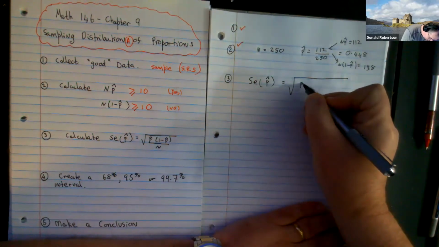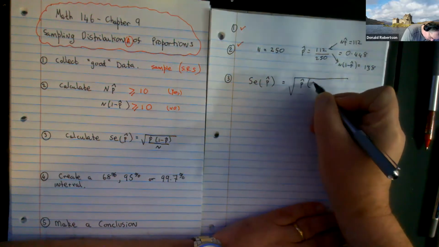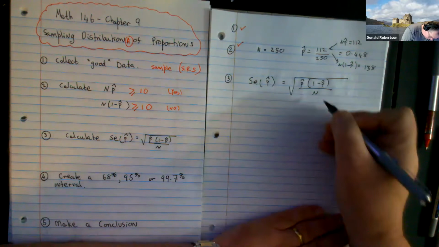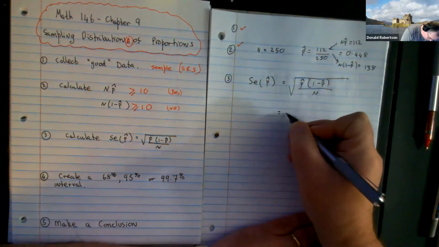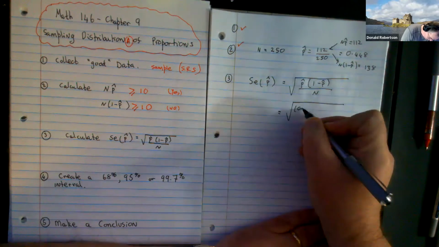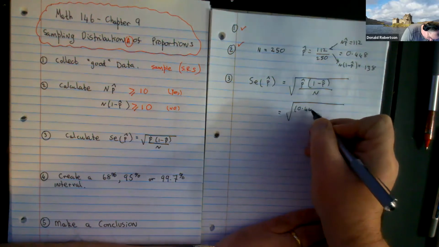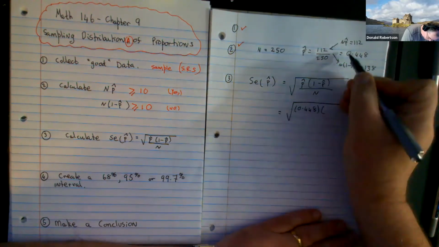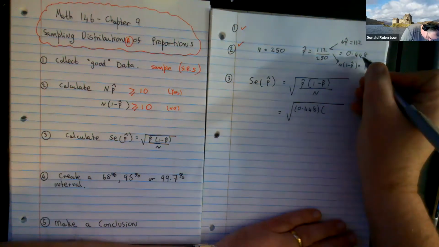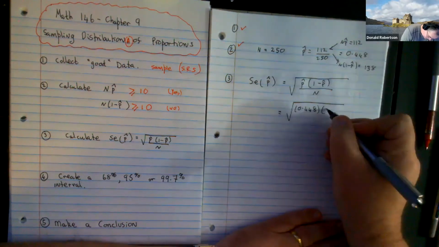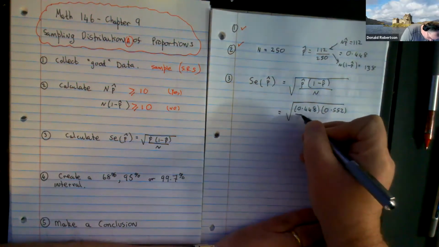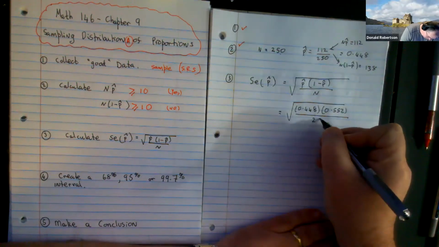It's p hat, 1 take away p hat over n. And so in this case, it's going to be 0.448. 1 minus p is just 1 take away that number. So whatever's left. So what do you get? 0.552. And then you divide by the sample size, which in this case is 250.